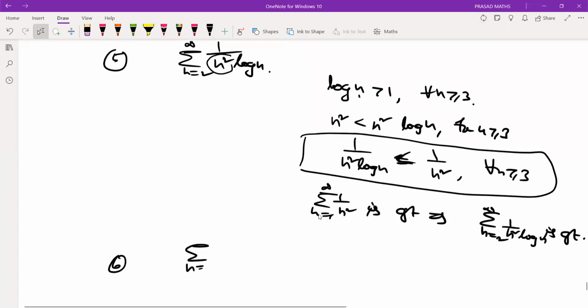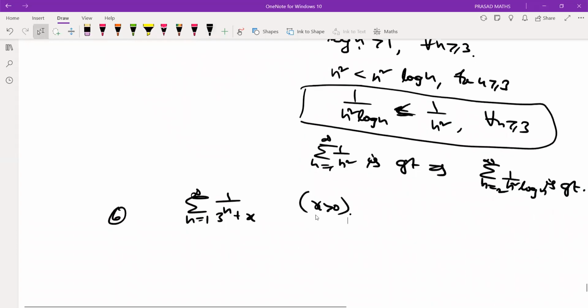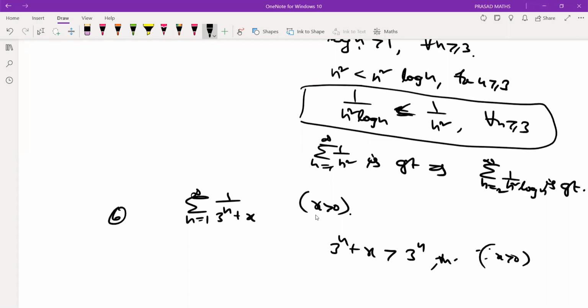summation n equals 1 to infinity of 1 by 3 power n plus x, where x is positive. Using the comparison test, 3 power n plus x is always bigger than 3 power n because x is positive, so it is always positive for every n.